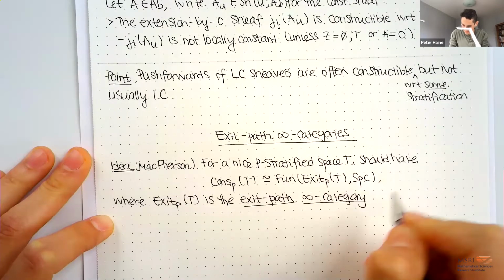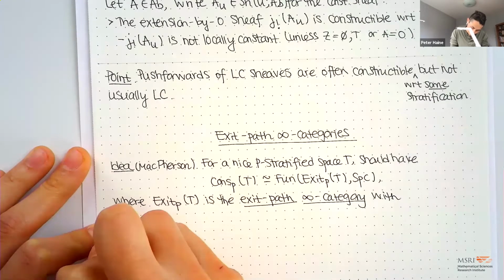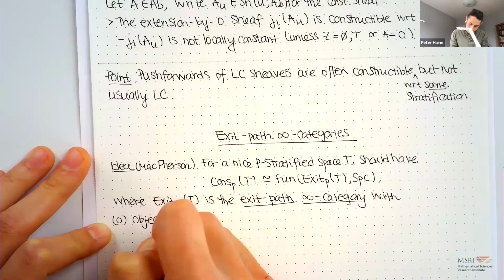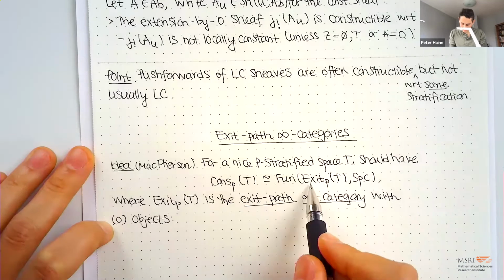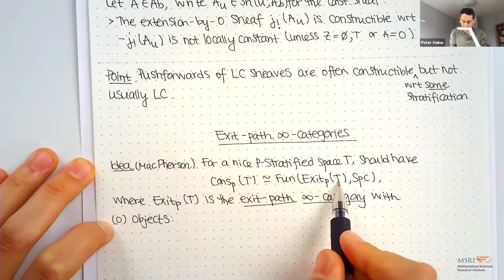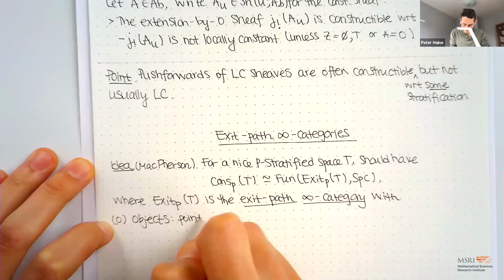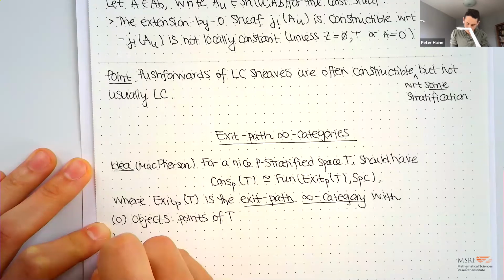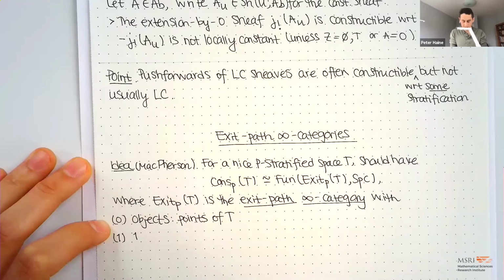The first thing is the objects. Let's go back to thinking about the underlying homotopy type, or fundamental infinity groupoid, of a topological space. The objects are just the points. In that setting, you allow any paths. But here, what do we want?